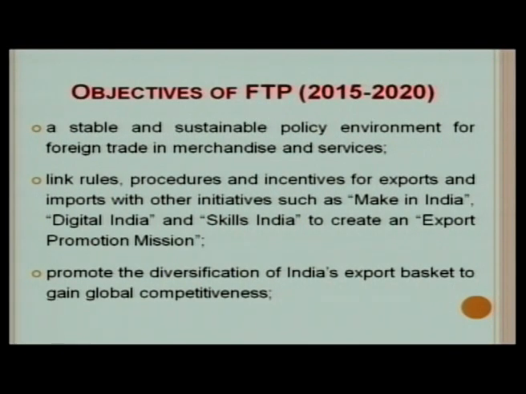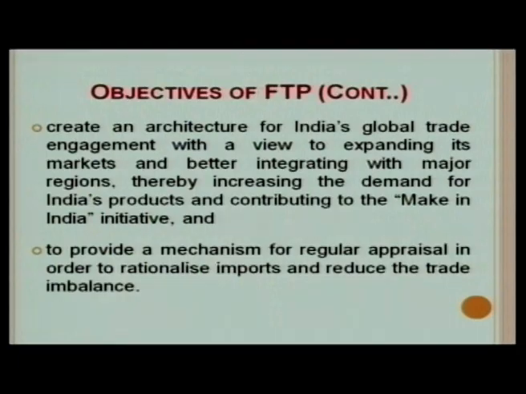The objective of the foreign trade policy 2015-20 is a stable and sustainable policy environment for foreign trade in merchandise and services, and to link rules, procedures and incentives for export and imports with other initiatives such as Make in India, Digital India, Skill India to create an export promotion mission, promote the diversification of India's export basket to gain global competitiveness, and create an architecture for India's global trade engagement with a view to expanding its market and being better integrated with the major regions.